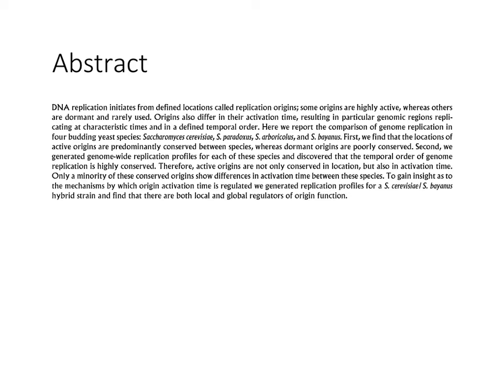This abstract, as all abstracts for all scientific papers, is just a brief summary of what is in the big 8, 9, 10-page long behemoth of a paper. So what's relevant here? First, some origins are highly active where others are dormant and rarely used. In other words, our chromosomes have lots of places where they start replicating.